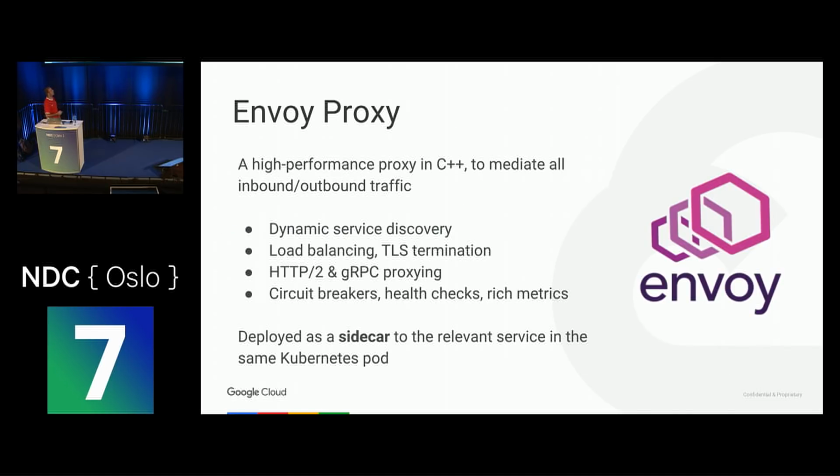And just to mention, Envoy Proxy is an independent project that came from a company called Lyft, and it's written in C++, and it's supposed to be a highly efficient proxy. So it's supposed to introduce minimal latency, and it does all the heavy lifting in Istio. So service discovery, load balancing, HTTP connections, gRPC connections, they all go through Envoy.